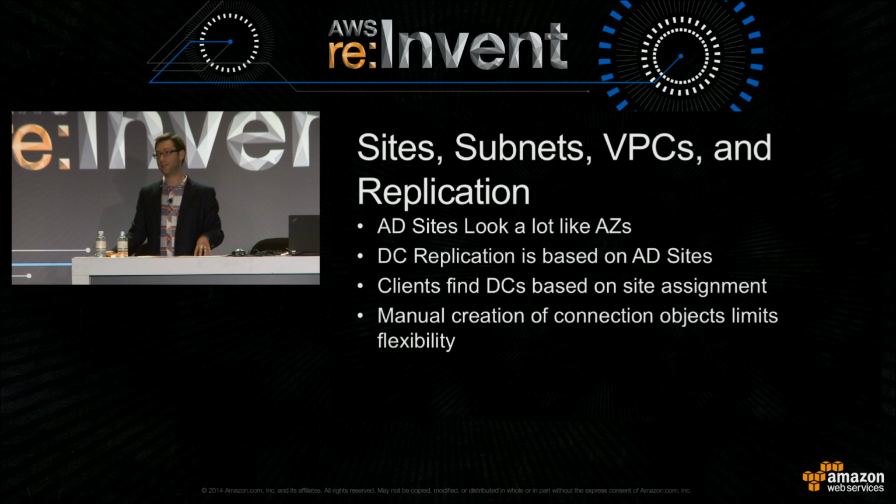So the way that a site is defined in AD is essentially the same as the way that we, AWS, define an availability zone, which is a set of well-connected resources. So when we go about designing our sites, we should think of a site to AZ mapping. That's further enhanced by the way that the VPC distributes traffic across AZs.